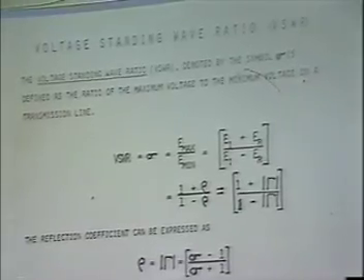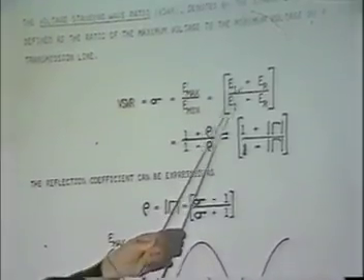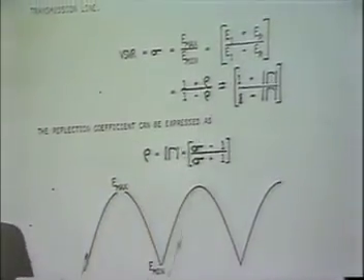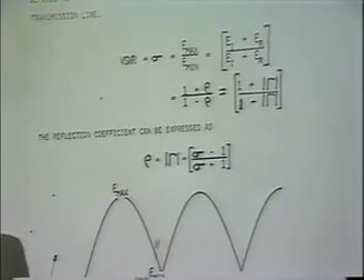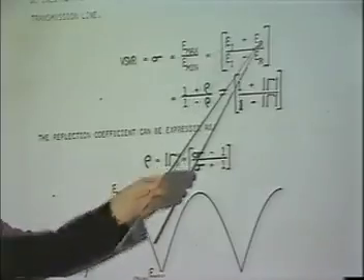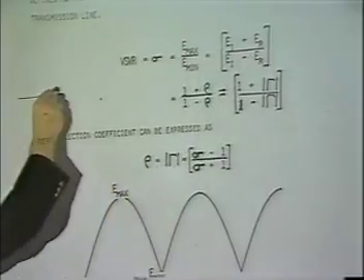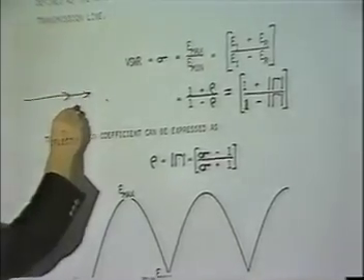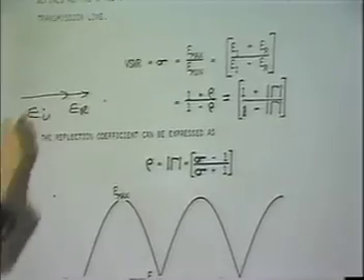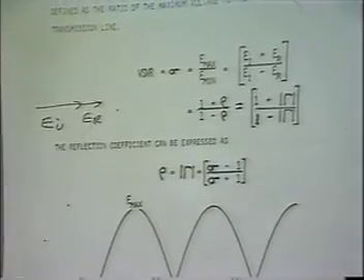Now you already know about incident and reflected voltages, don't you? If the incident voltage and the reflected voltage are in phase, what do you get? The maximum possible voltage on that transmission line. E sub I plus E sub R. In other words, when those two are in phase, you have the maximum voltage on the transmission line.